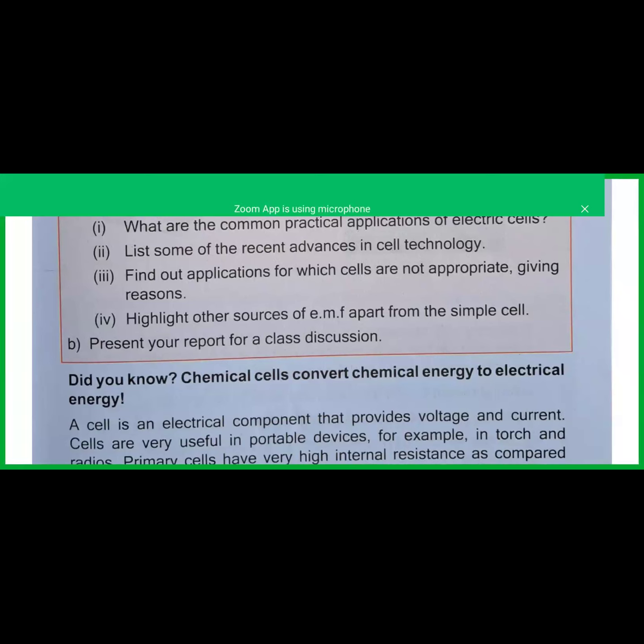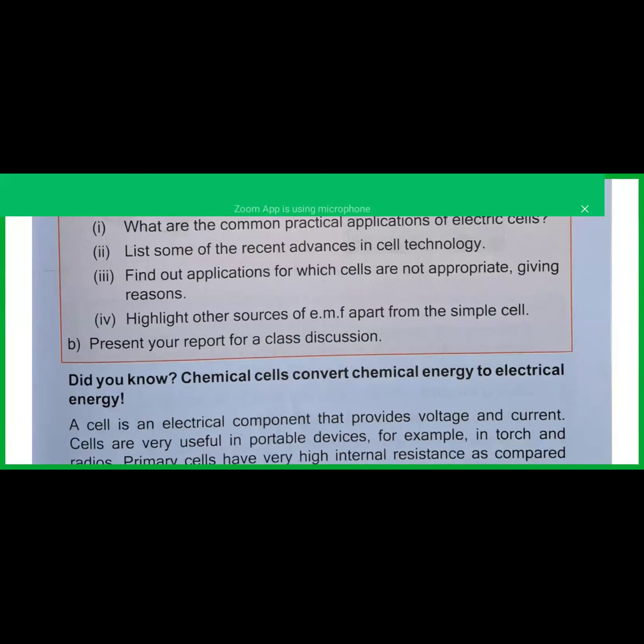Then Ruth says electric generators. Then Ali says solar panels. Colette says transformers. Let us first brainstorm on transformers.